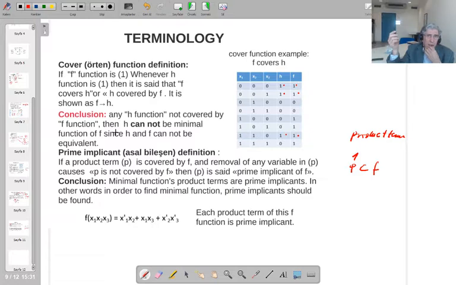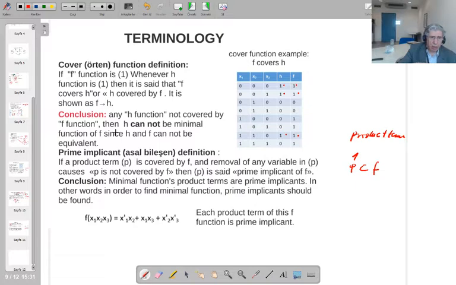So when I find a minimal function, this minimal function is going to be covered by f. I know this in my mind for the minimal function. Let's come to prime implicant now. Prime implicant, in Turkish, is called asal bileşen.